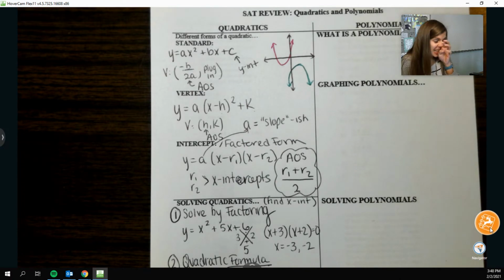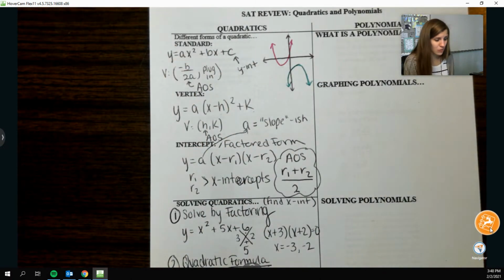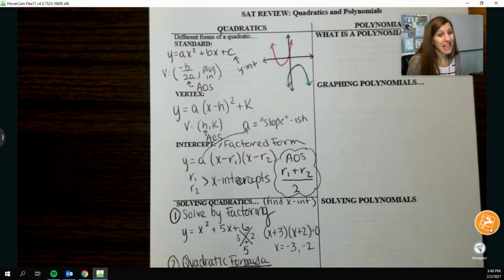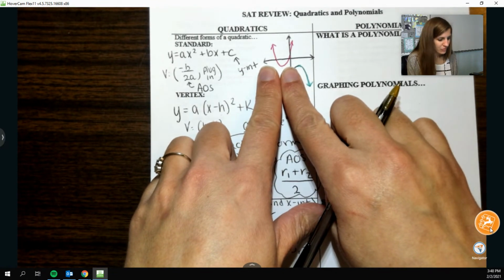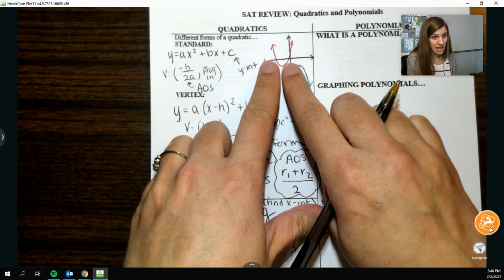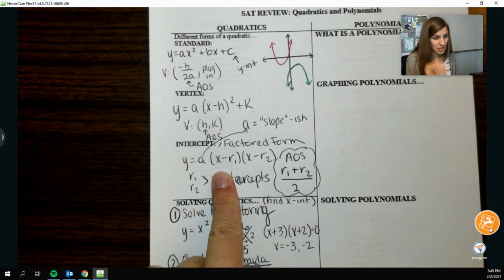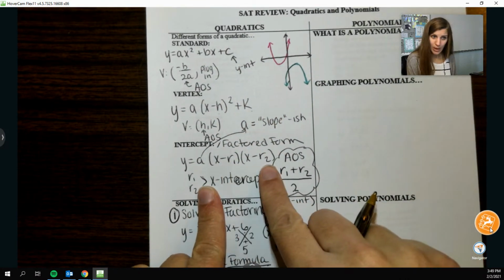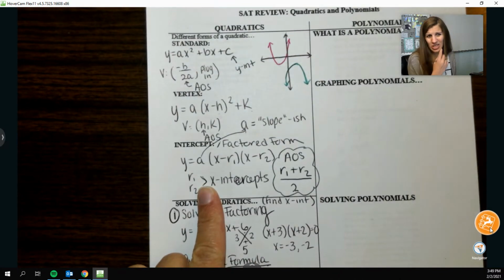I can't think of a situation, and I've looked at a lot of SAT tests, where they have you rewriting equations. Sometimes if you're looking at the graph, they'll say, write the equation of this, but you're just going to be looking at those x-intercepts. And if they don't have it in factored form as one of the options, then you just want to FOIL it out and make it look like standard form. And that's usually what I notice.